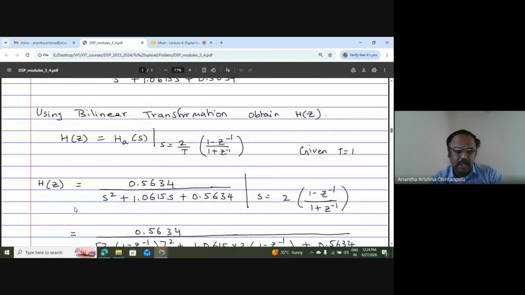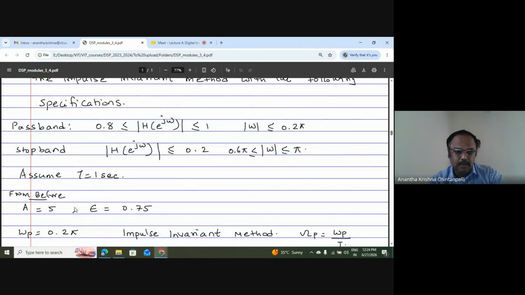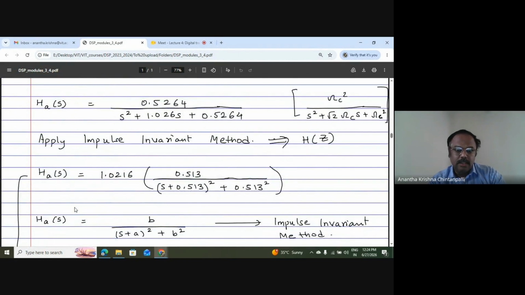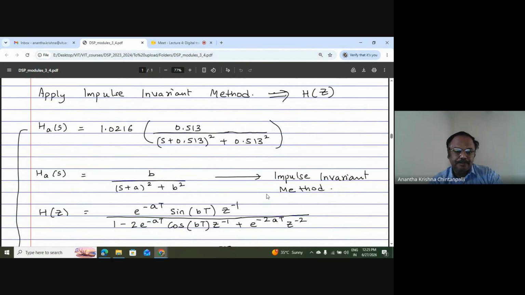So I will go back and simplify this term in the form of 1.0216 times 0.513 divided by (s plus 0.513) whole squared plus 0.513 squared. This is of the form b divided by (s plus a) whole squared plus b squared. This is the corresponding H of z.